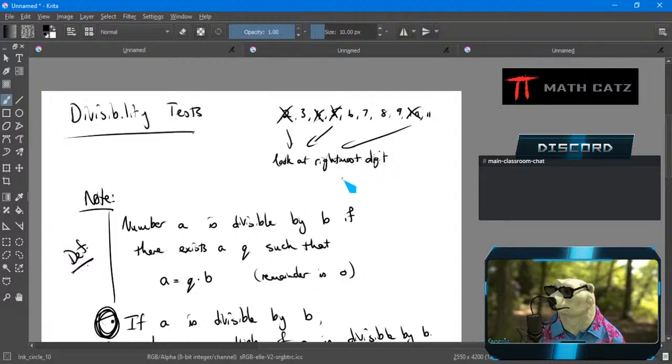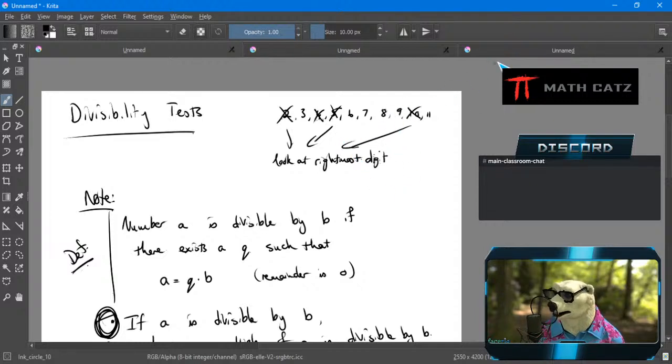I don't want to just blindly memorize these tests so that I can use them. I want to have a number sense. I want to have a sense of what makes 4 different from 2 and 5 and all these numbers. They're all different in some way, and some of them are similar, and some of them are not. And why is that? Just have a sense. And if you want to dig deeper, of course, then you can.